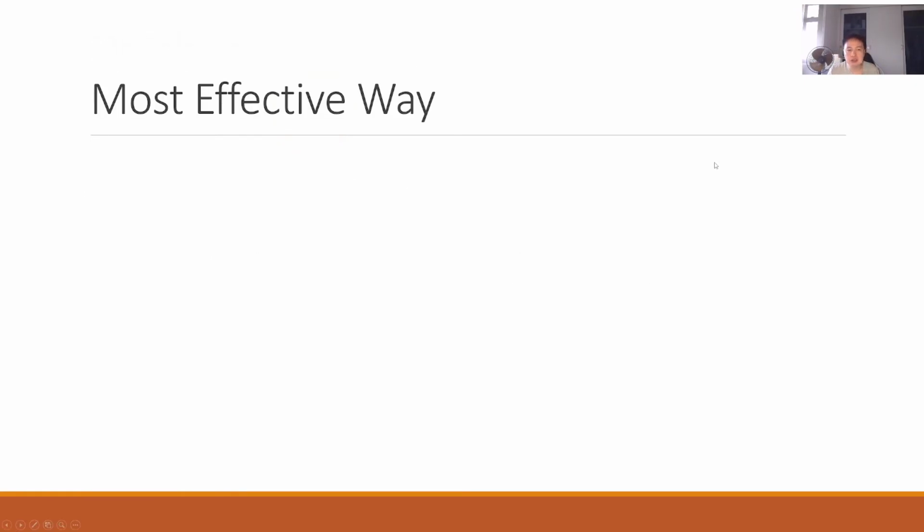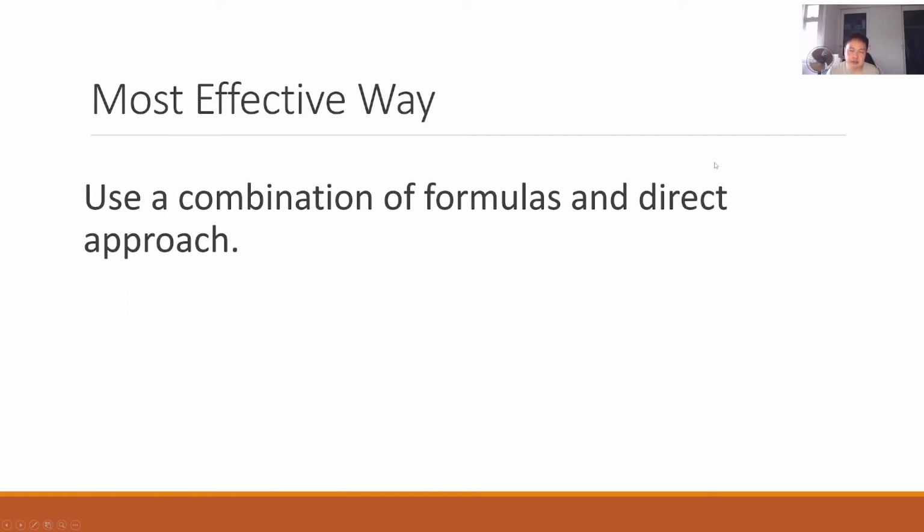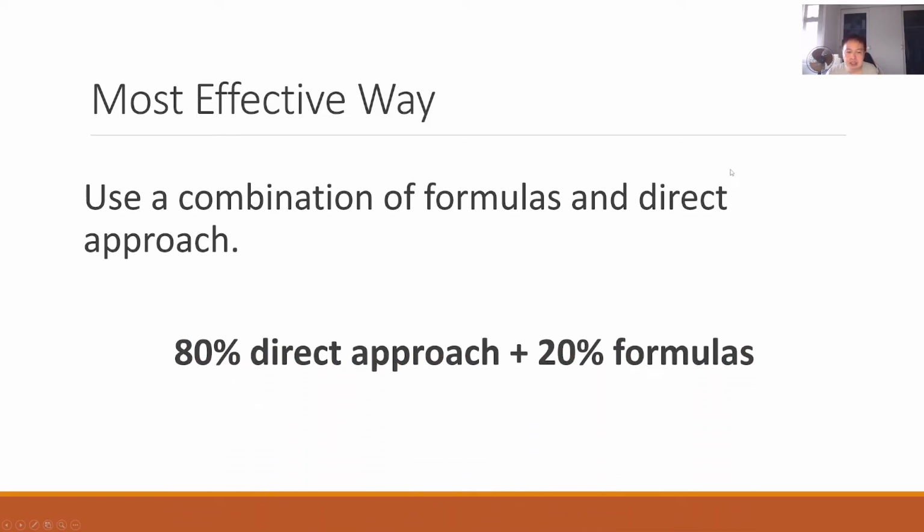So I would say that the most effective way, and that's my teaching approach, is to use a combination of formulas and the direct approach. It's like 80% direct approach plus a little bit of formulas, 20% formulas, just in case students forget certain techniques or certain styles of writing. I do teach certain formulas to them.